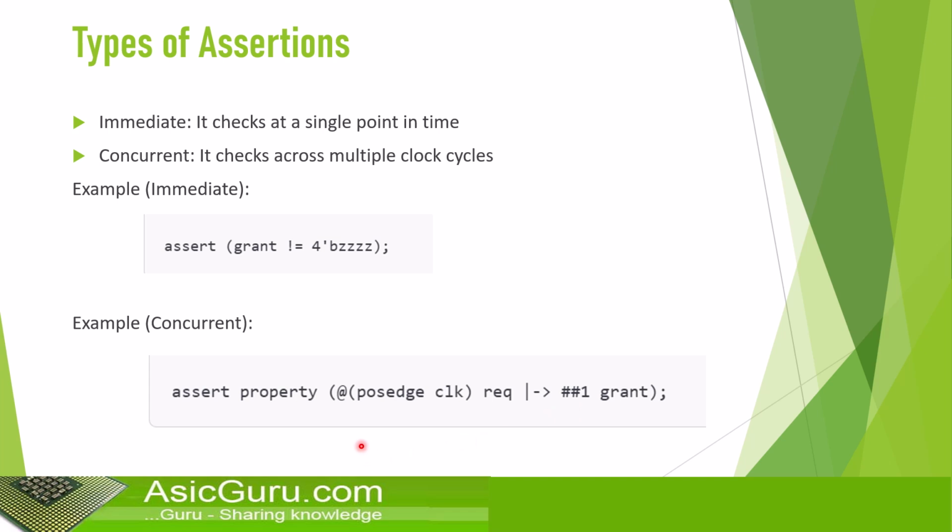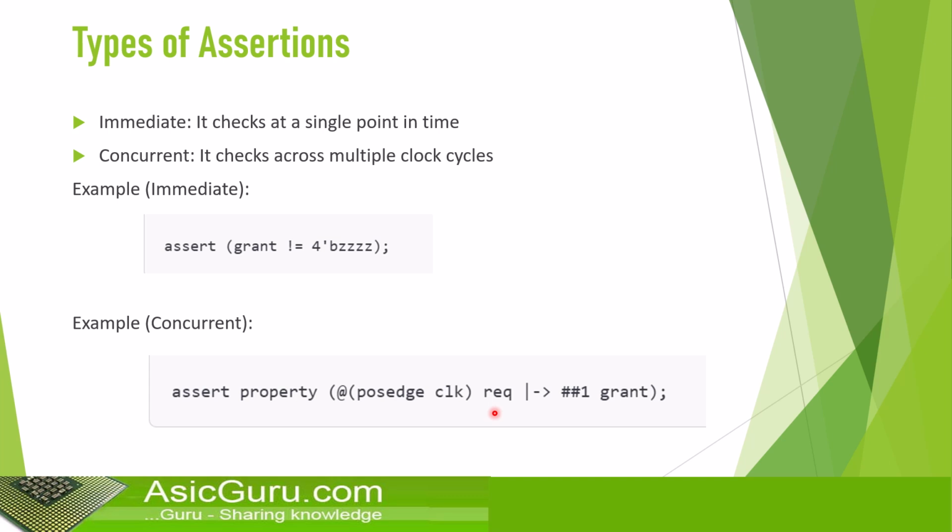Here, this @(posedge clk) is the clocking event. It means the assertion should trigger and evaluate on every positive edge of the clock. Next we have a condition, req. It is like an if condition, and if it is true at the positive edge of the clock, only then is the rest of the assertion evaluated.